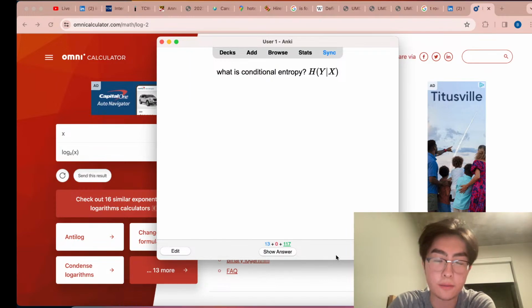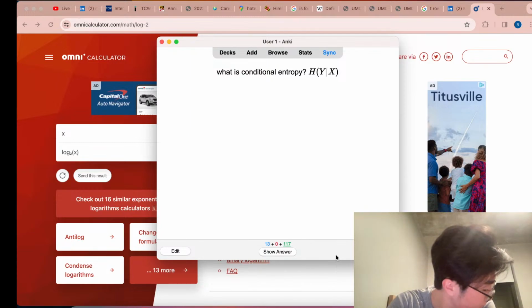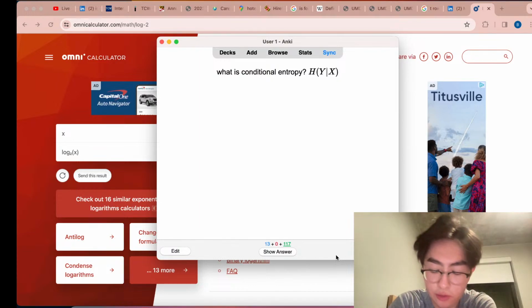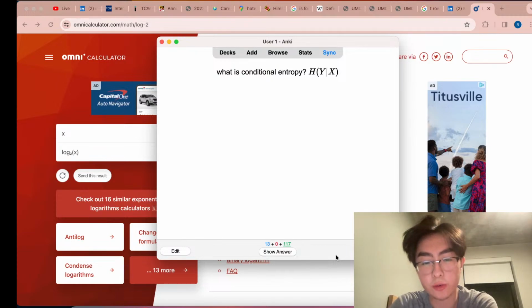H of y given x. I think this is a good case that relates to decision trees. So when we're looking at a decision tree, we're making splits on different types of metrics or characteristics, features of a specific sample.